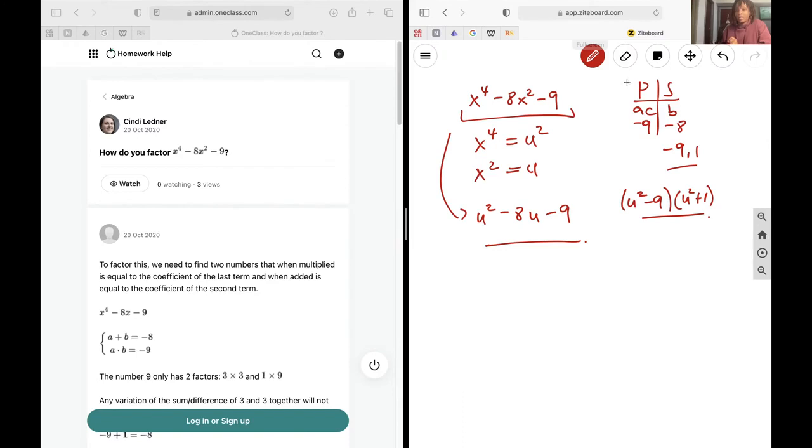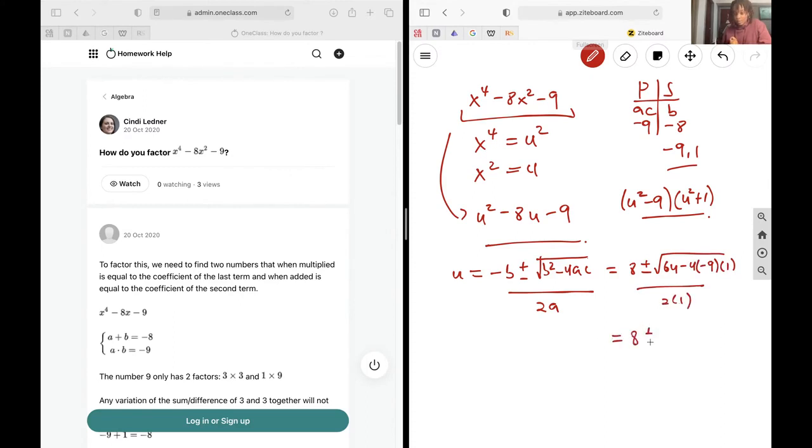Now I can confirm this using the quadratic formula, which just states u is equal to negative b plus or minus the square root of b squared minus 4ac all over 2a. My b is negative 8, so this becomes 8 plus or minus the root of 8 squared, 64, minus 4 into negative 9 into 1, all over 2 by 1.